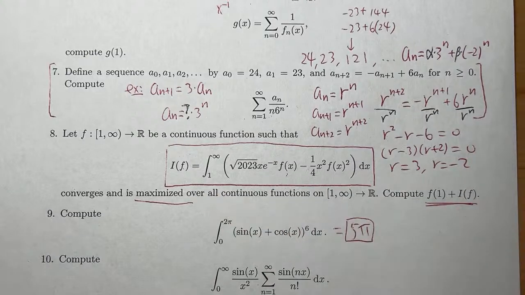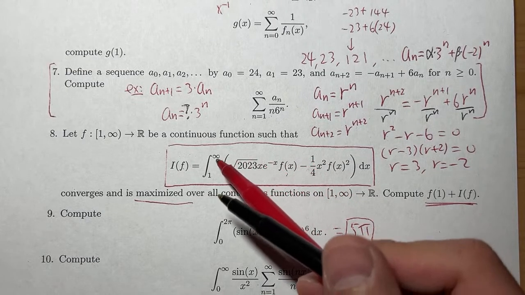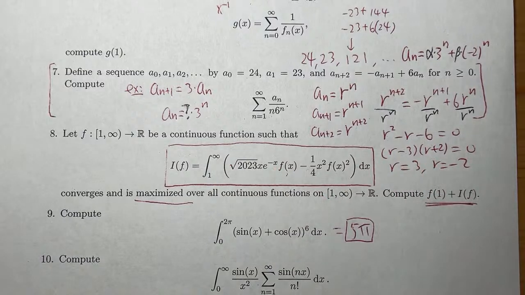Okay, and then how do we continue from there? Normalize it to 1. You mean you want somehow the result of this to be 1?